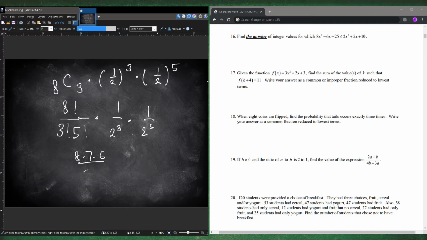And now you just have the 3 times 2, so this cancels out with the 6. So all you have left in this equation is 8, which is just 2 to the power 3, times 7, over 2 to the power 3, times 2 to the power 5. So this cancels each other out, so we have just the 7 over 2 to the power 5, which is 32. So the answer for number 18 is 7 over 32.